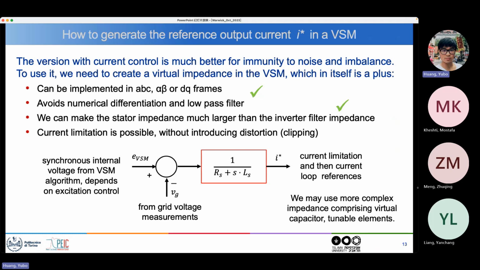We divide it by the impedance Rs plus sLs, which is a virtual impedance. So we compute the virtual currents in the processor, in the algorithm, and in this way we obtain the current that we want, but this impedance we make it big, like it would be in a synchronous generator. So this is a big impedance. We get the correct currents that we would want, and this current is now the reference current for the current control loop.